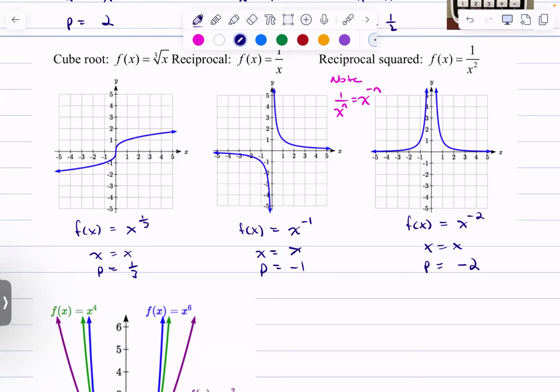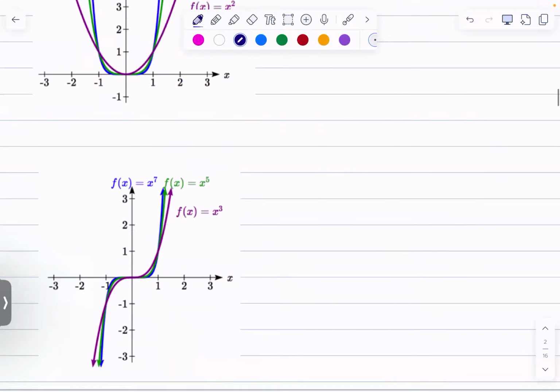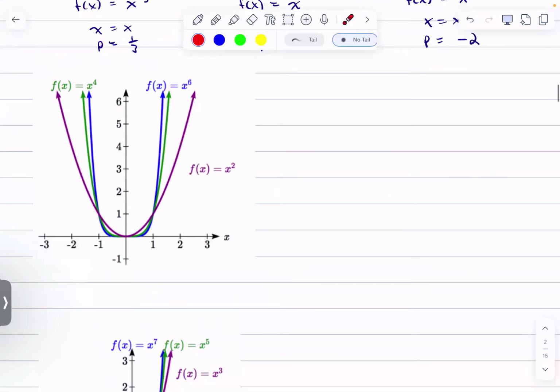That's nice. Okay. So like I said, we're going to focus on x squared and x to the 3 and all their siblings, cousins. I think they're siblings, they're so similar.